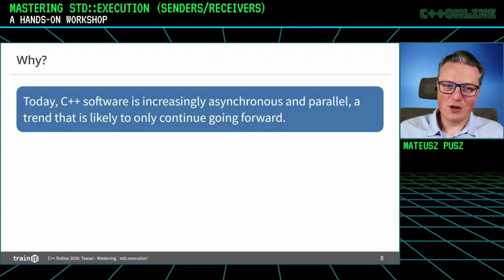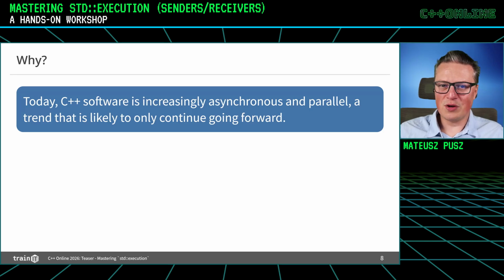And why do we need to do this work? Because right now there's no software that is not asynchronous or parallel, right? Herb Sutter gave a nice talk a long time ago called "The Free Lunch Is Over," right? We are not getting CPU frequencies going up for free all the time. We have to start dealing with the clocks we have, and in order to make our applications faster, we have to actually start working on multiple cores rather than on one core only.